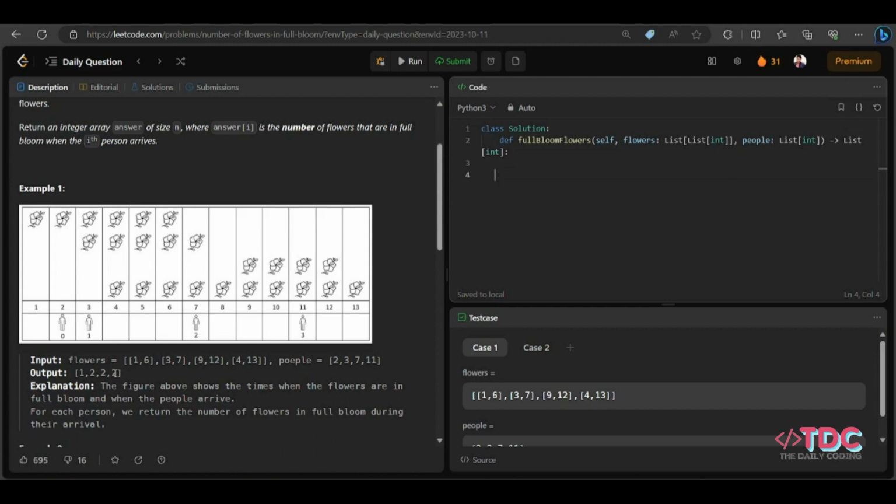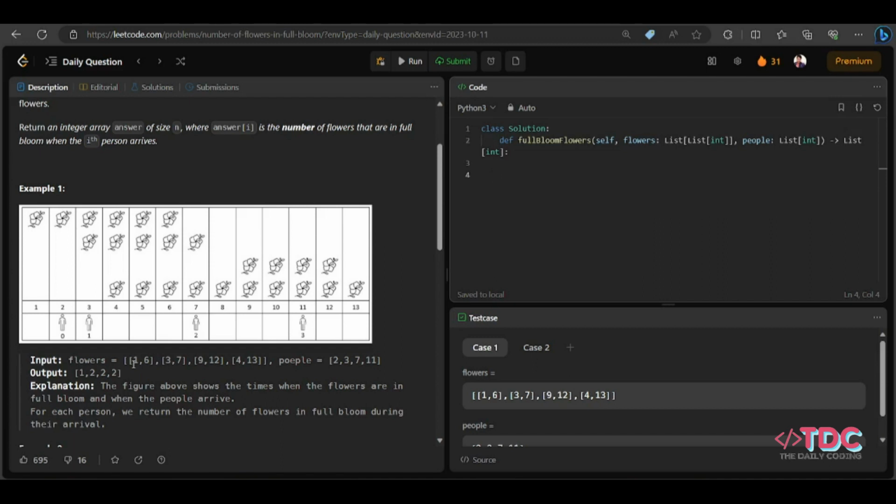Let's try to solve this problem. What can we think of firstly from this diagram? I will traverse through the people. When I am at 2, I will check in flowers how many flowers are in bloom at this time. The first flower blooms from 1 to 6. So 2 is between 1 and 6, so I will count 1.